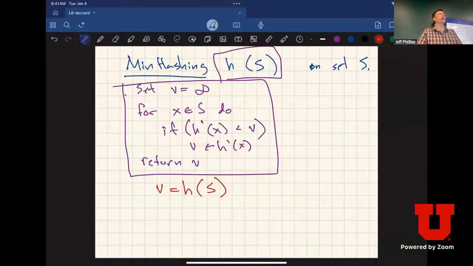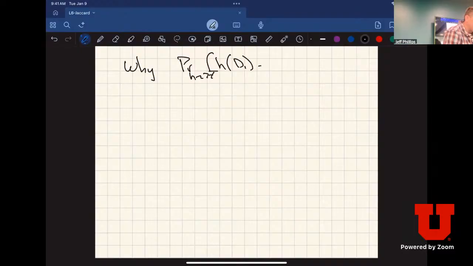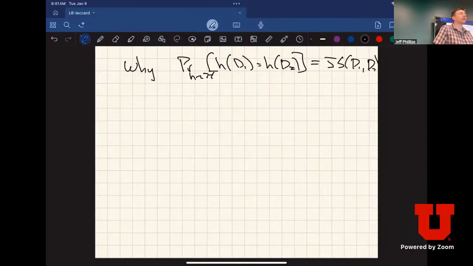Okay, well, what I can consider, so y is the probability that hash of D1 equals the hash of D2 equals the Jaccard similarity of D1 and D2.